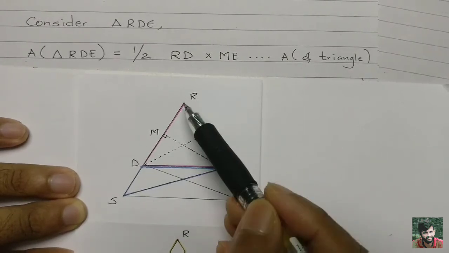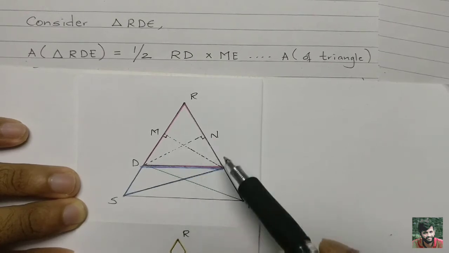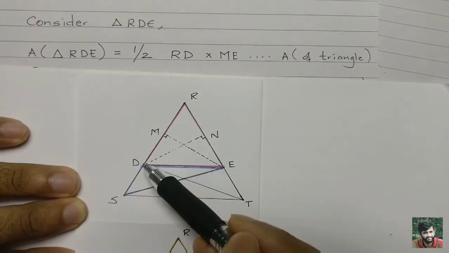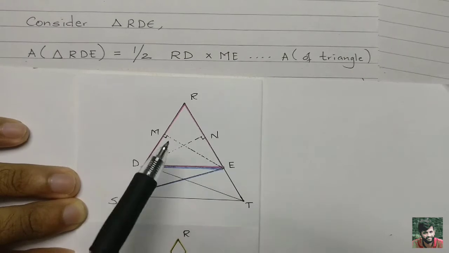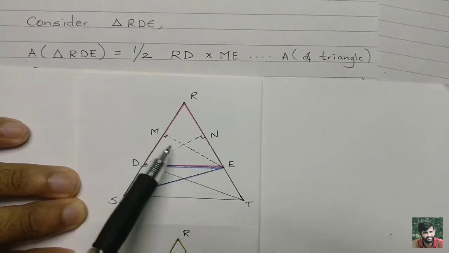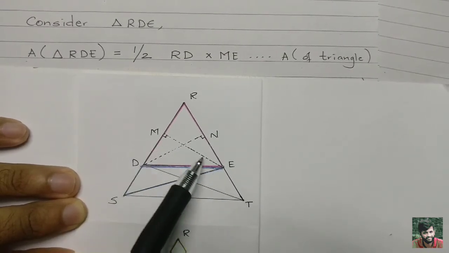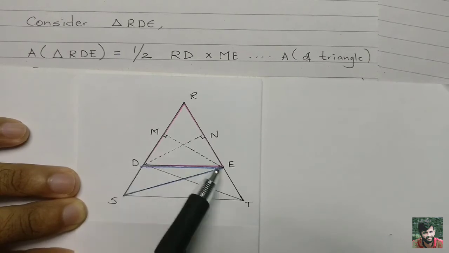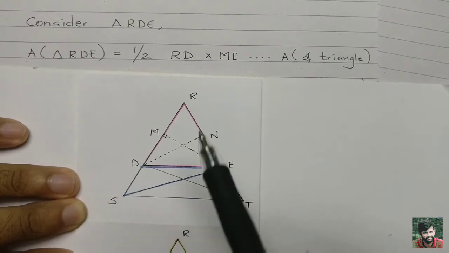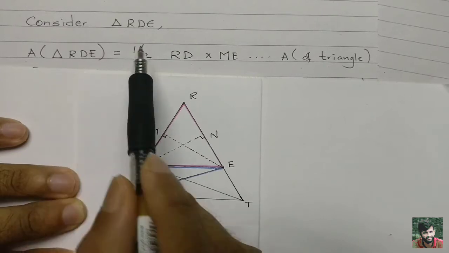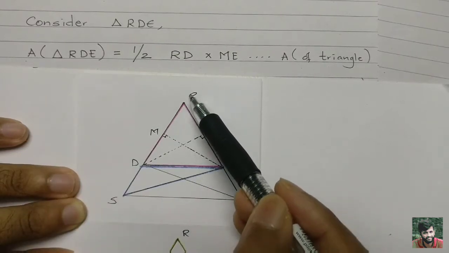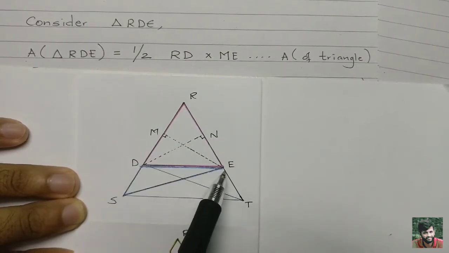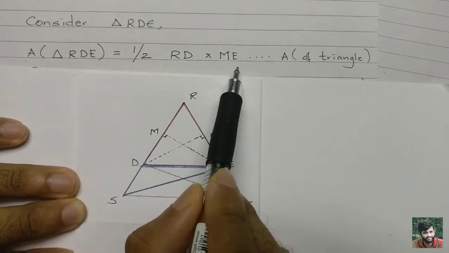So here in triangle RDE, my base is RD and my height is ME, because this is perpendicular. Height is always taken perpendicular to the base. So the area of triangle RDE is half base into height. That is what is written over here.